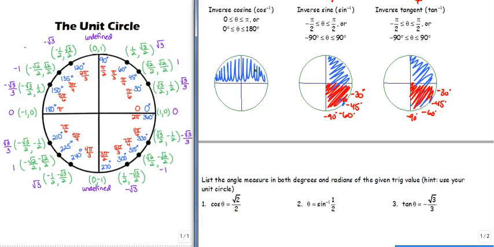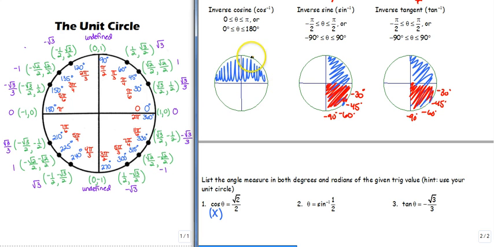When I look at my unit circle and I look for a cosine, which is an x value of root 2 over 2, there are going to be two possibilities. X of root 2 over 2 will be found here and here. Both 45 degrees and 315 degrees gives me that cosine value.